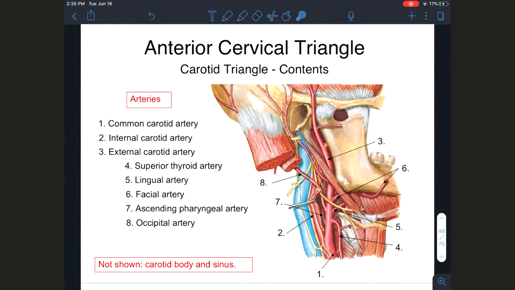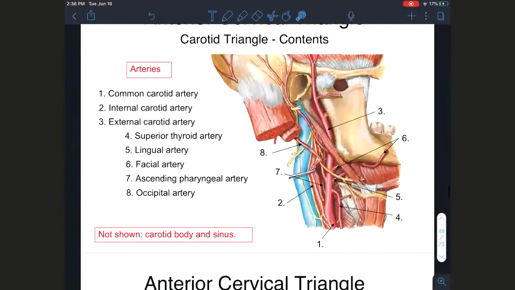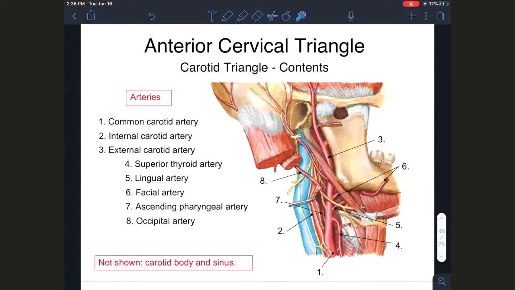Like I said before, to Aaron's point, we could spend the whole tutoring session going over arteries, but the most beneficial thing is to spend some time looking at the pictures, especially slides like this, to know what comes off of where and when.